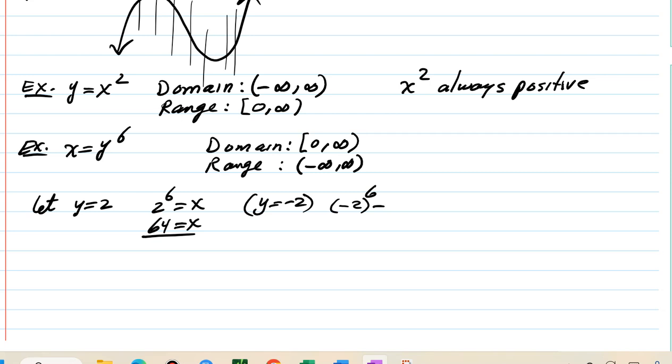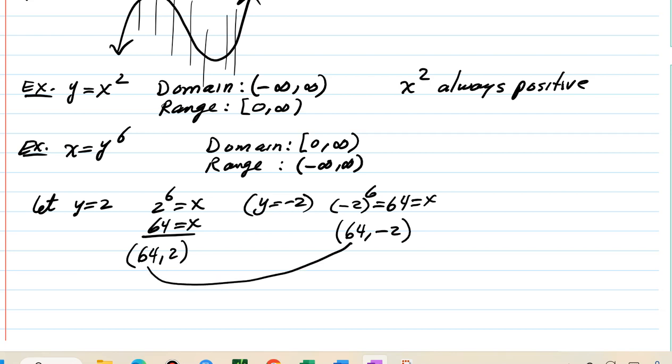Negative 2 to the 6 is also 64. So note here I have (64, negative 2), and for the previous one I have (64, 2). You can see I have the same x with two different y values, and that defies the definition of a function. So it is possible to get two different y values for the same x. Therefore, this one is not a function.